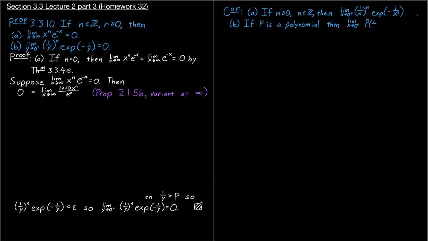And of course, the fact that the limit as x goes to infinity of the constant n plus 1 is indeed the constant n plus 1. And let's notice that this is the limit as x goes to infinity of a quotient. The top is the derivative of x to the n plus 1, and the bottom is the derivative of e to the x.